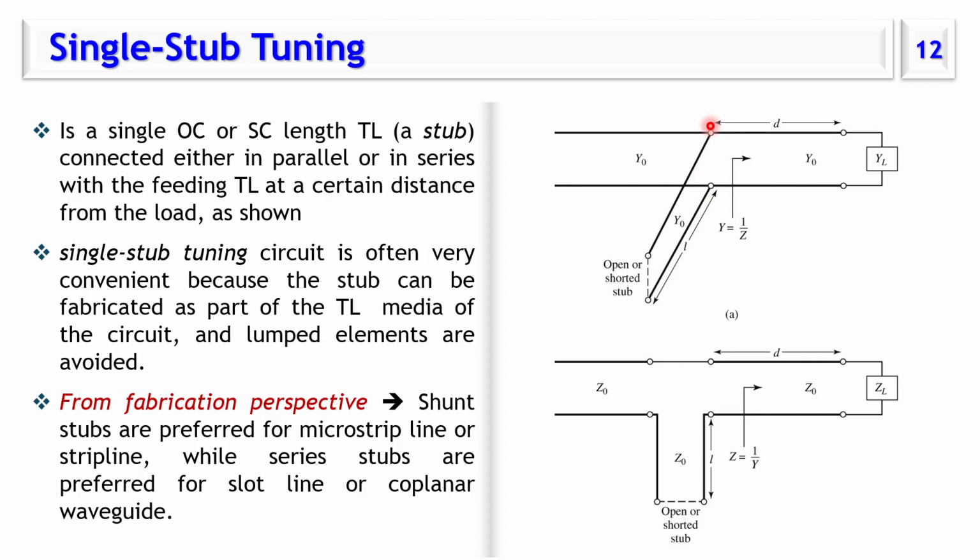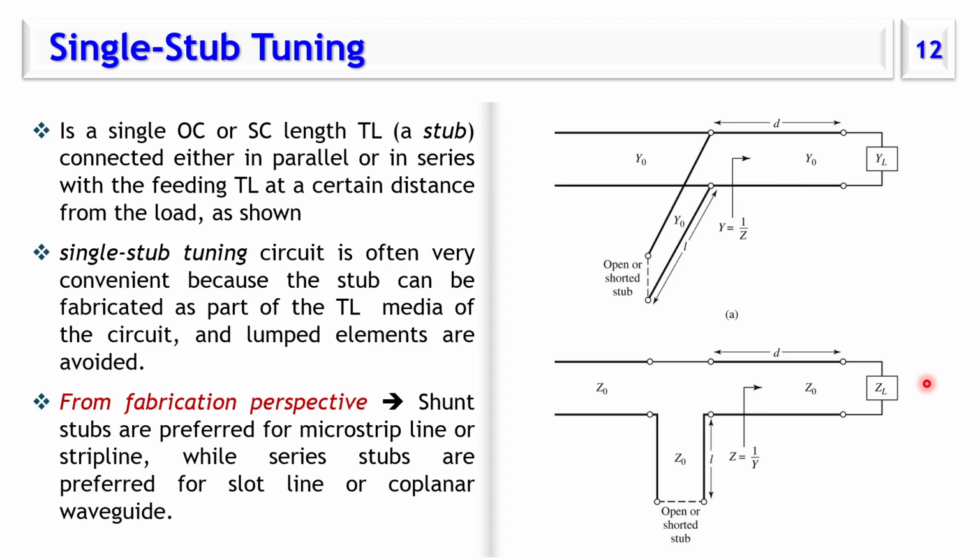Then we can choose L such that its admittance is the opposite of the imaginary part. When we add them together, the input admittance here and the input admittance here, the total would be 1, so we have matching.